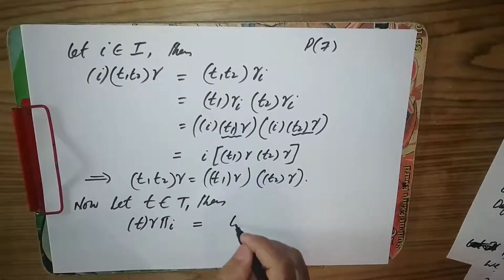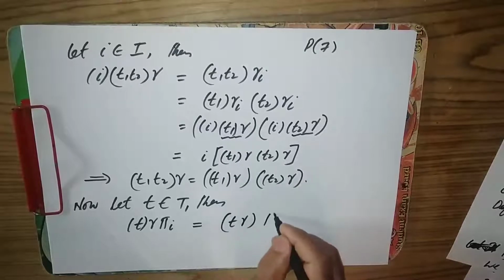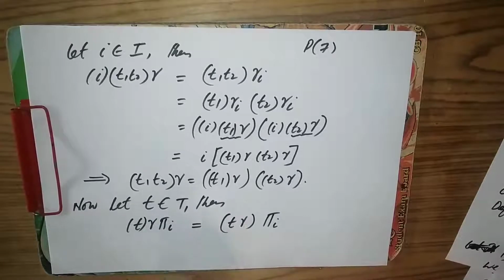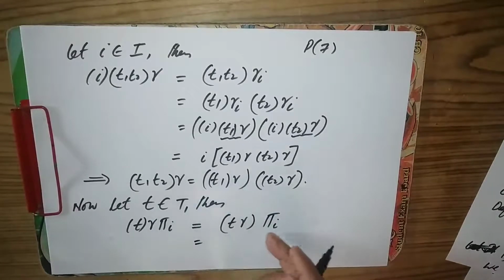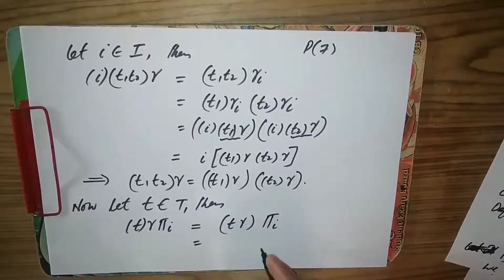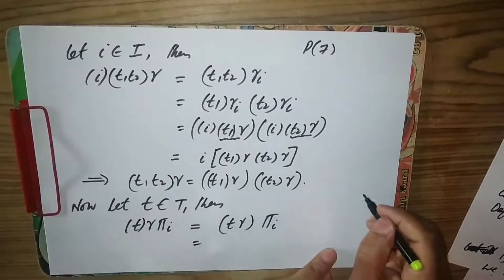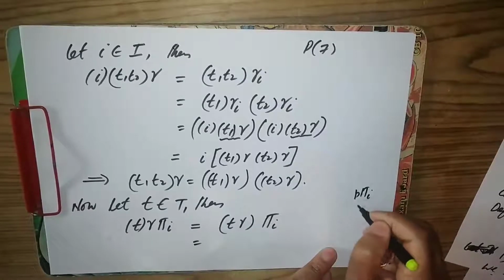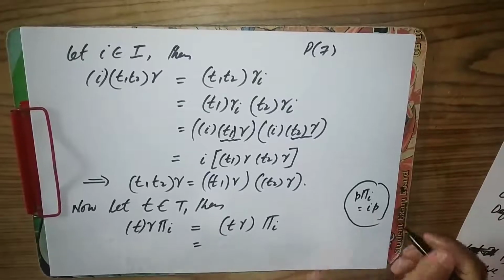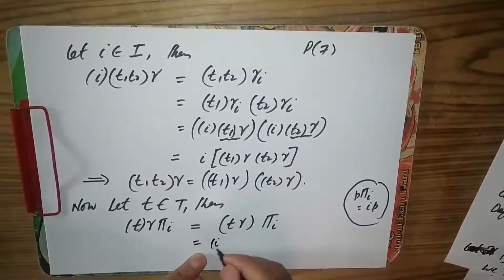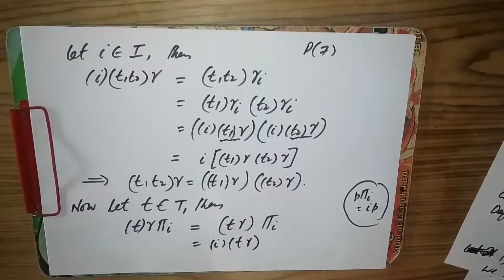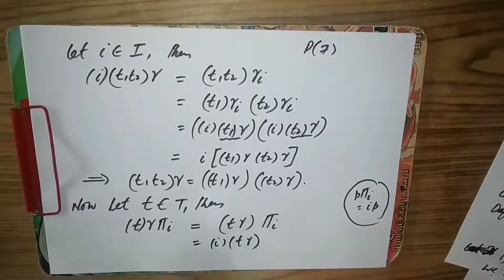It's equal to t gamma followed by pi i, by composition of mappings. It's just a composition here, gamma and pi i. So what's this pi i? It's an element of Si actually, and I defined it like this: pi i of p is equal to i p. That's the definition of pi i. Pi i p is equal to i p. So it's equal to i of (t gamma).